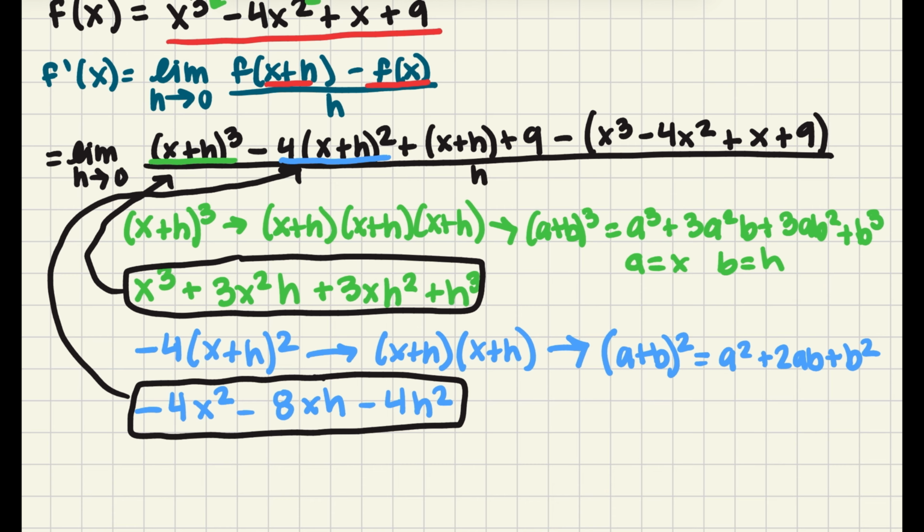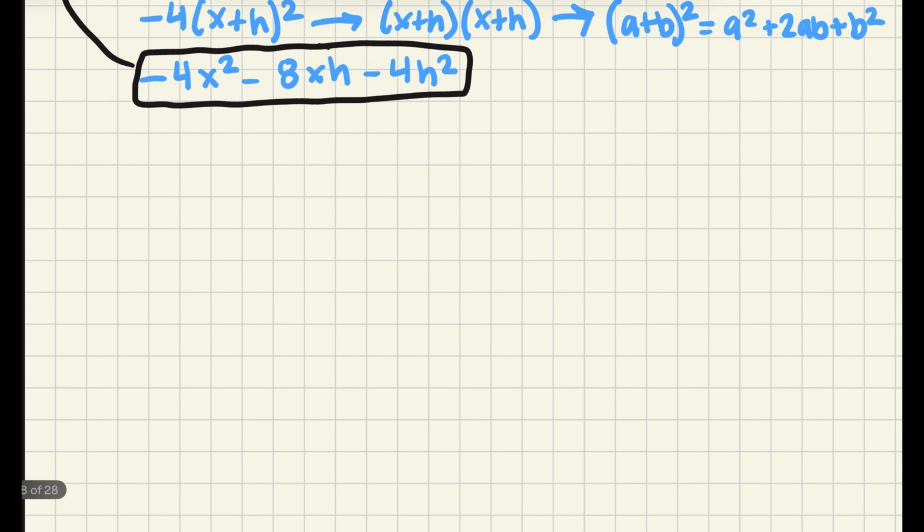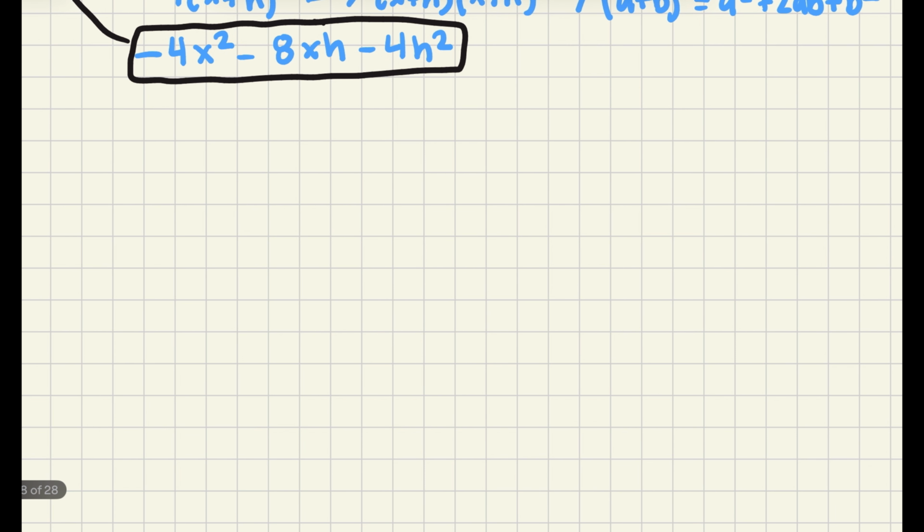And then this right here will stay the same, as will the plus 9, and for this one right here, we're just going to distribute this negative throughout all of these, which is really just what we've done, again, just more steps. So our final product will be really long, but this is what it's going to look like.